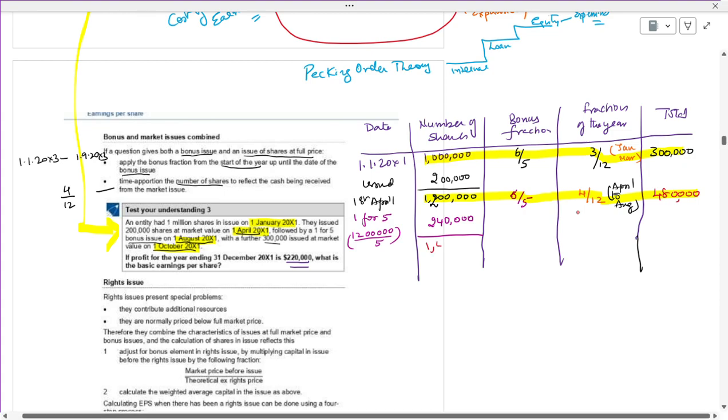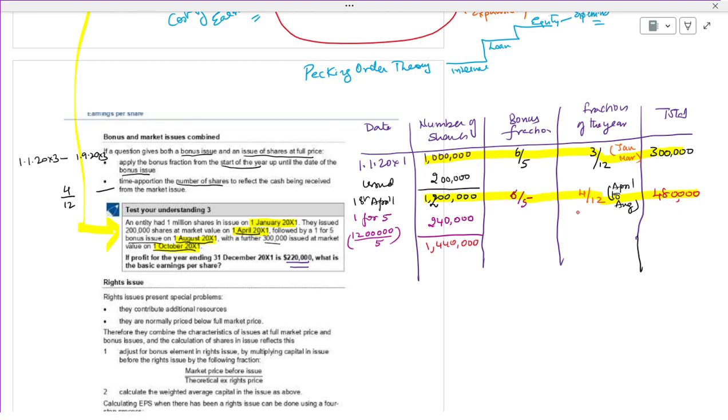The total is 1,440,000. Okay, now what do they say, with a further 300,000.